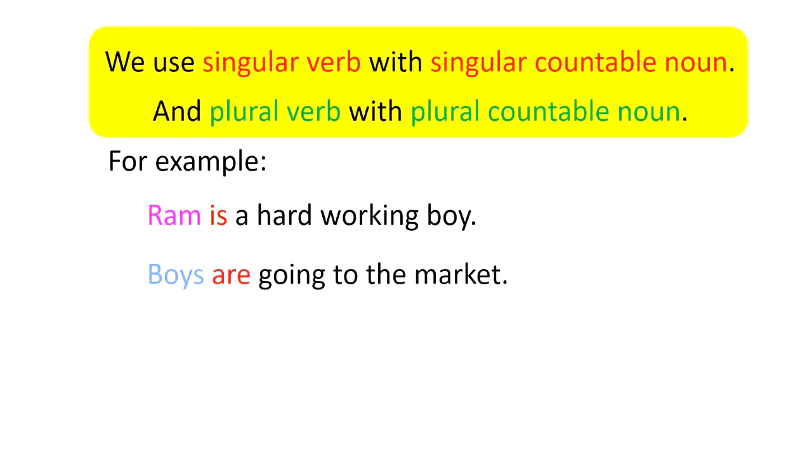Another example, boys are going to the market. Here, boys is a plural countable noun, so we will use are, that means a plural verb, with it. We cannot use are with Ram and is with boys.